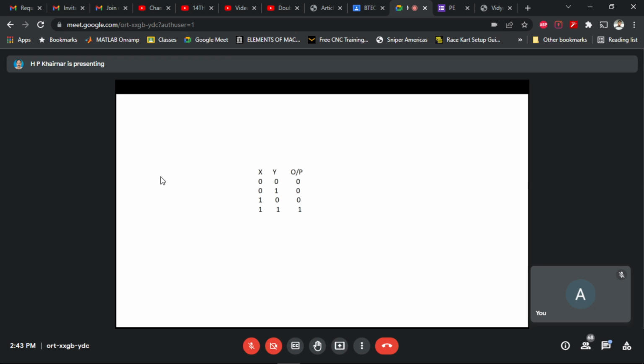But if X and Y both are on, then you get the output as 1. This is the function of the AND gate. The characteristic of AND is that if both the inputs are on, then only you will get the output as on.